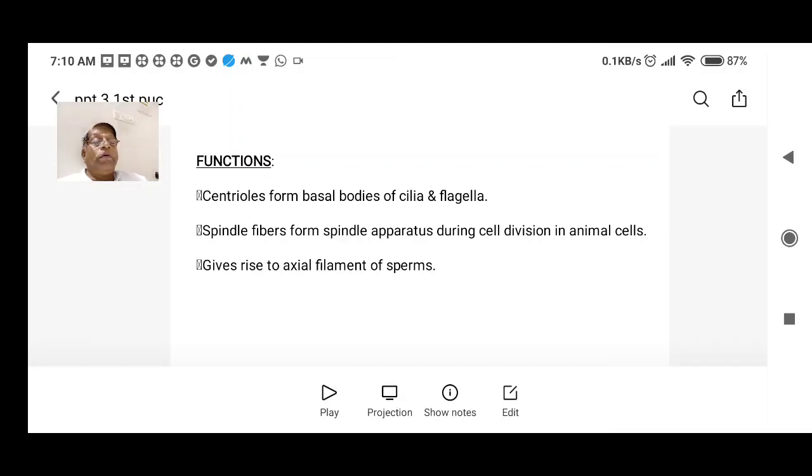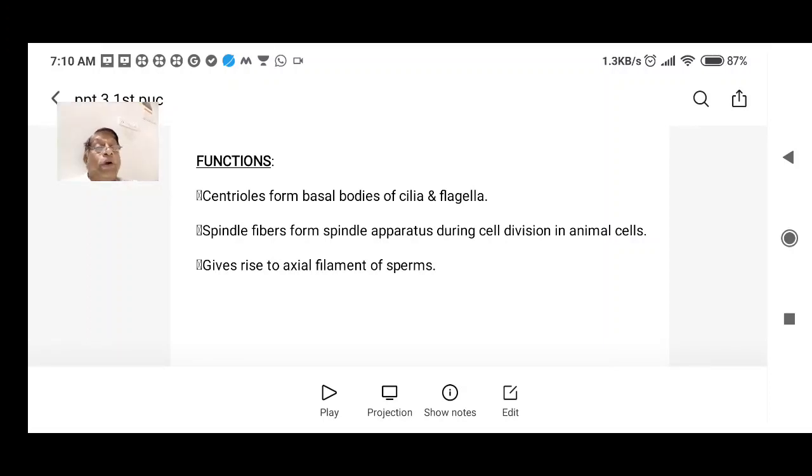So centrioles actually form the basal bodies of both cilia and flagella.